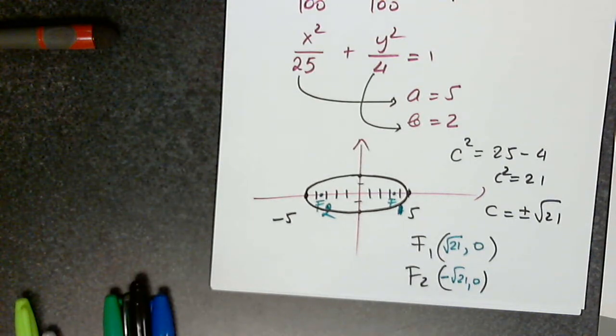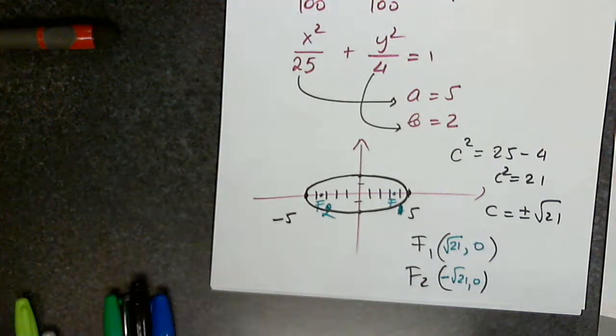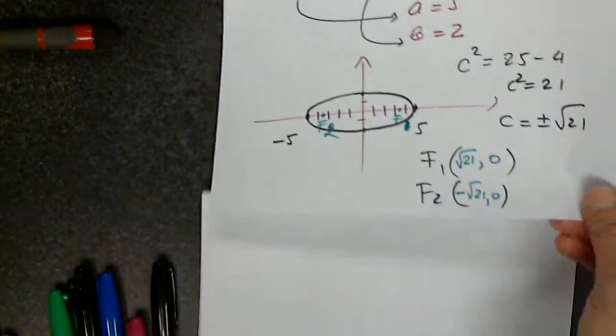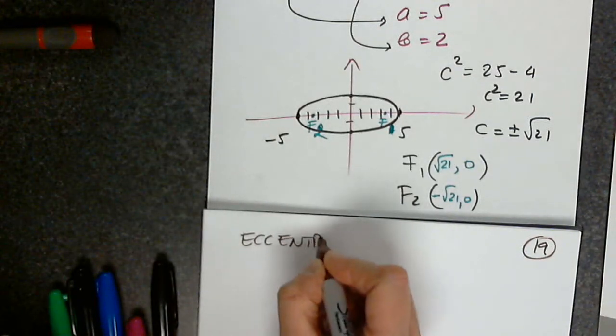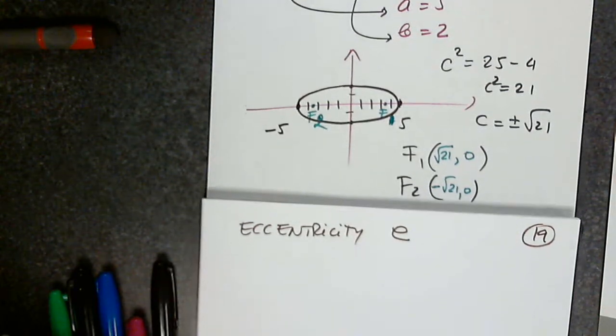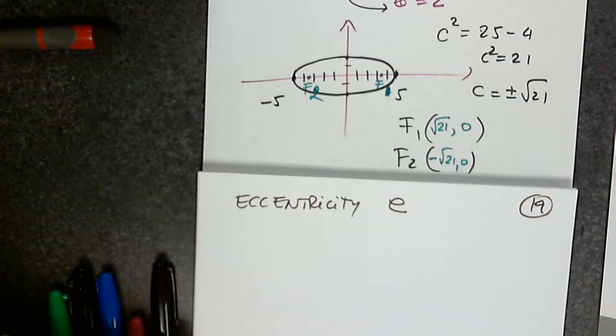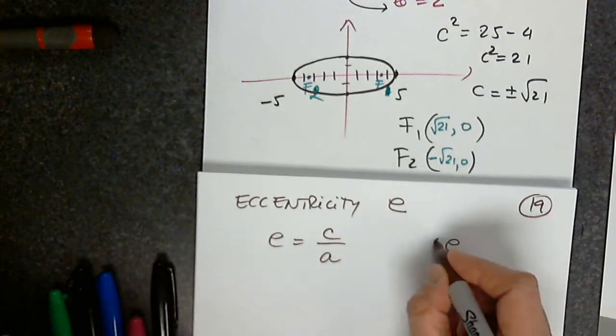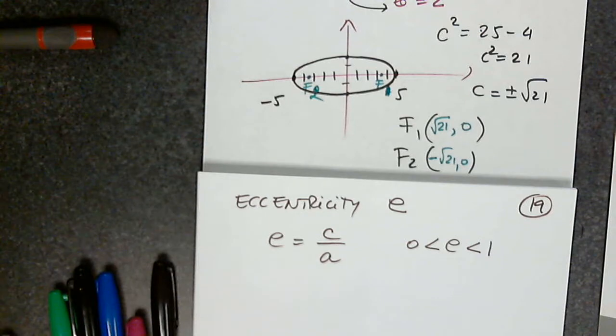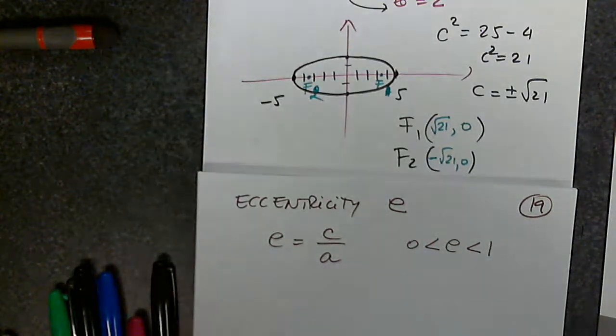Okay, the last thing that we are asked to determine in all these problems is the eccentricity, E. E is a number between 0 and 1. So let's take a look. I like this graph in your book.